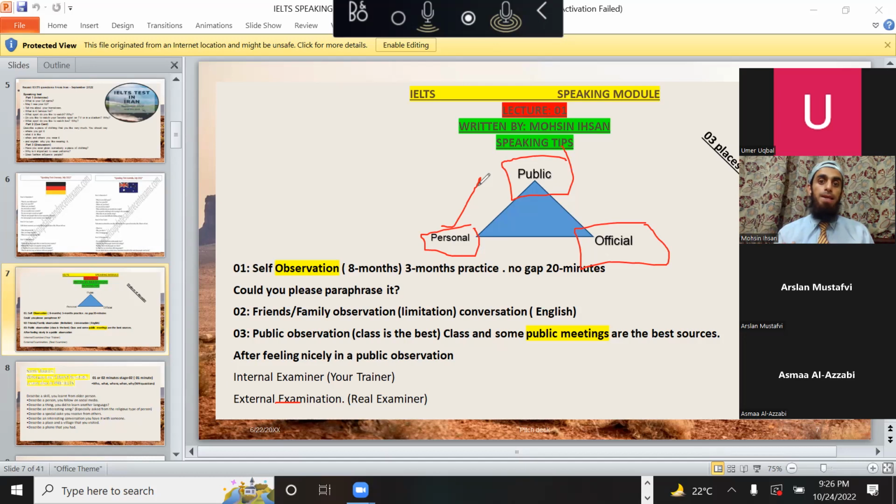Why in English? Because this thinking capability and ability would get improved. When it improves, it would help your fluency in speaking, with fluency and consistency, right?